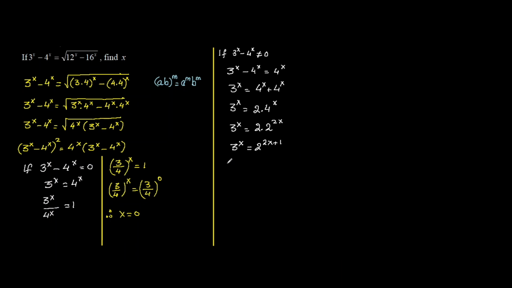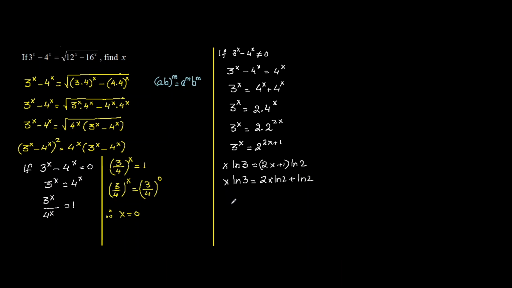Now we take log on both sides, so we have x ln 3 equals (2x + 1) times ln 2. We shall open it up, so we have x ln 3 is equal to 2x ln 2 plus ln 2.